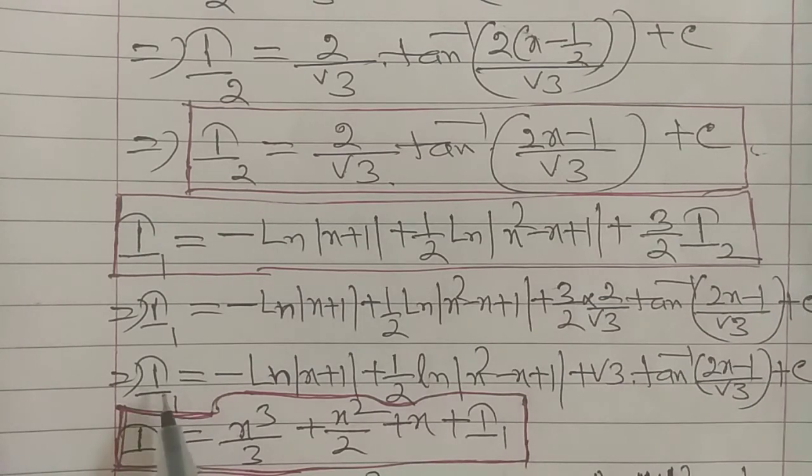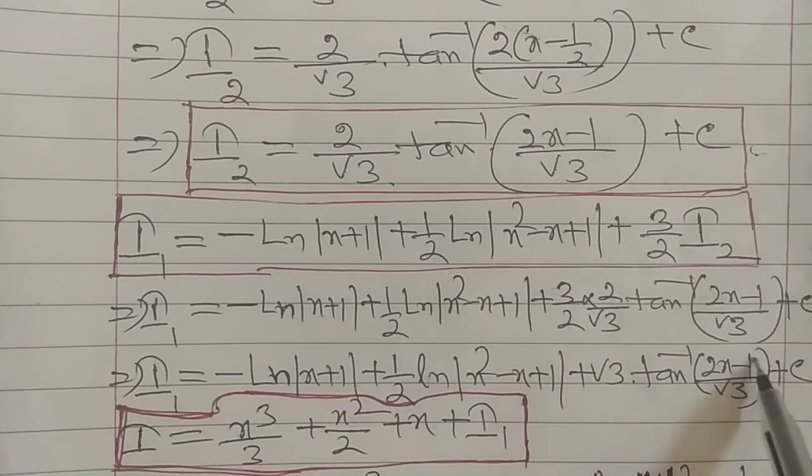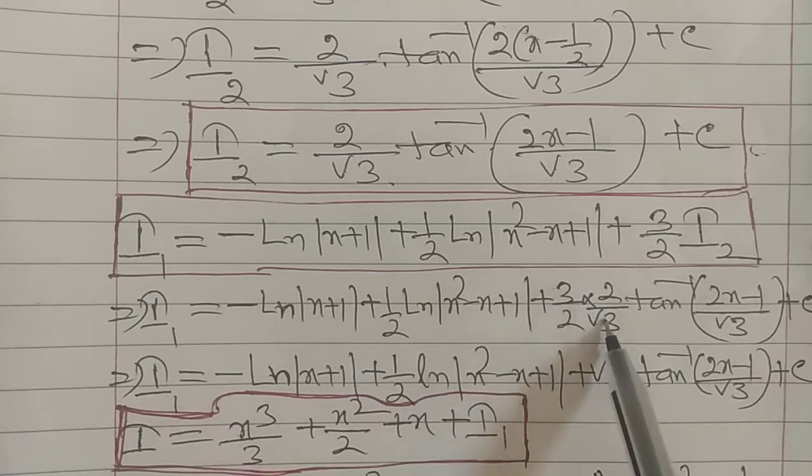And this implies I1 is equal to minus ln modulus of x plus 1 plus 1 by 2 ln modulus of x square minus x plus 1 plus root 3 into tan inverse of (2x minus 1) by root 3 plus c. Here 2 cancels and 3 by root 3 is root 3.